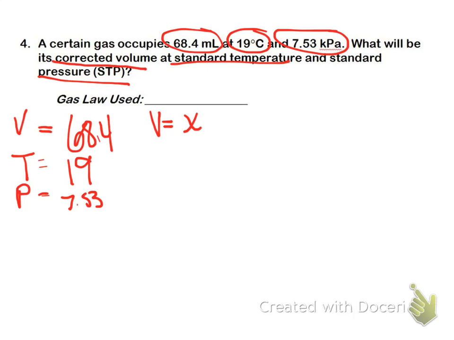Wait, so wouldn't you still do 2 plus 273? But what is standard temp? 0. It's just 273 by itself, or 0 degrees, which is whichever way you want to think about it. If you forget, it's on your pink paper. It's 0 in degrees Celsius.